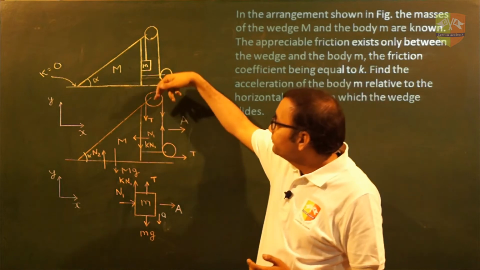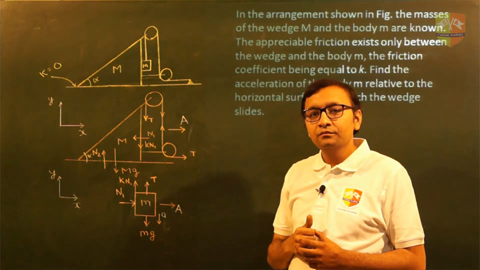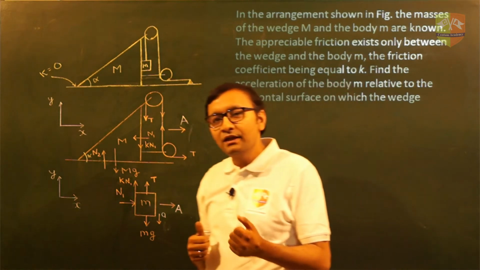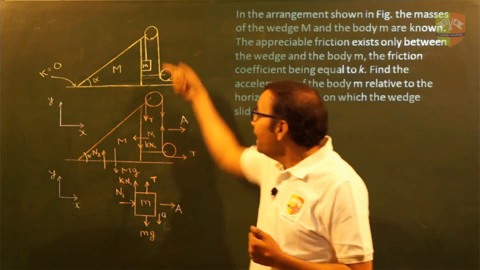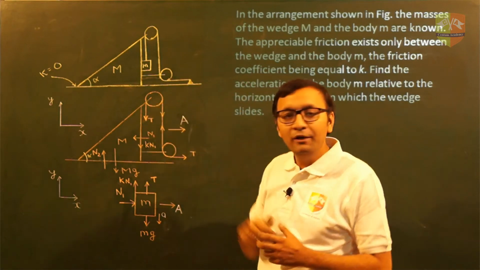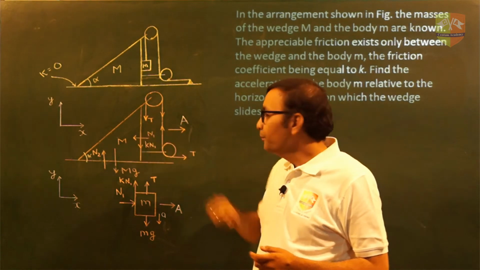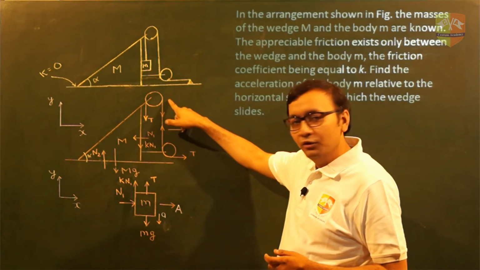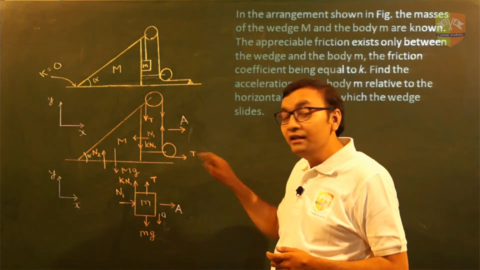Then we have tension T because of this string. Tension will always pull. Tension can never push. So tension will act away from the point of application. So that is why tension is down here. Now this string is wrapped around this pulley, and then there is another tension force at the other end.